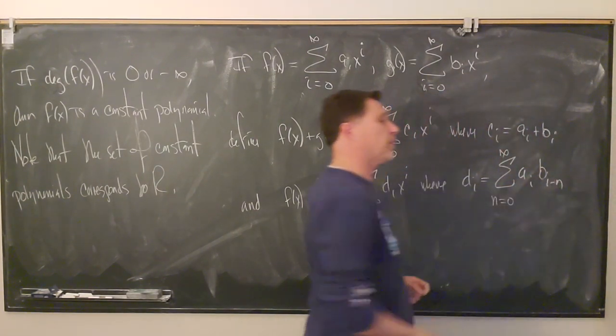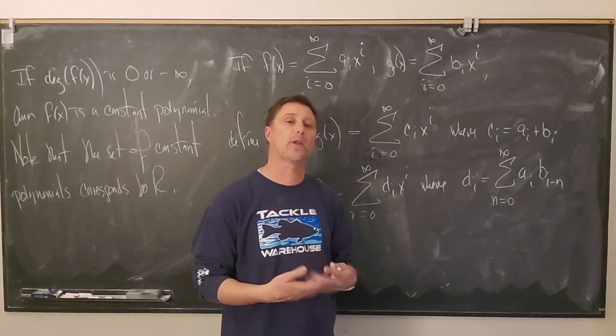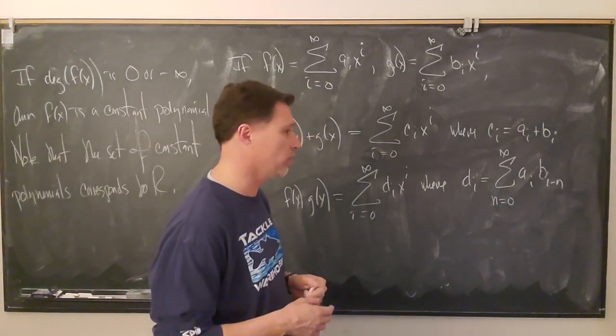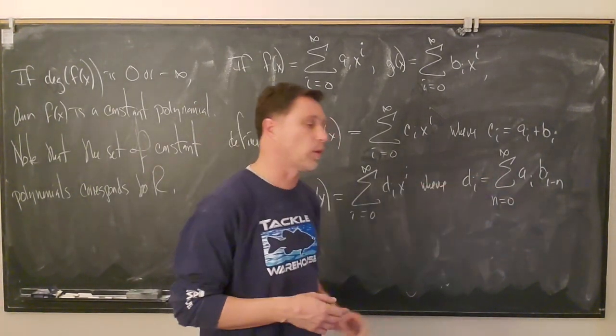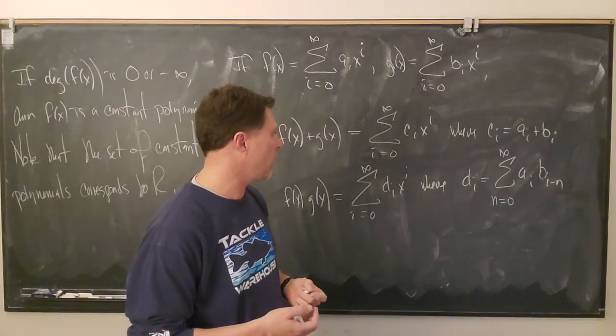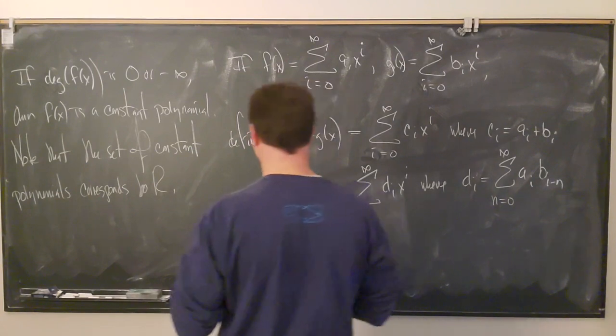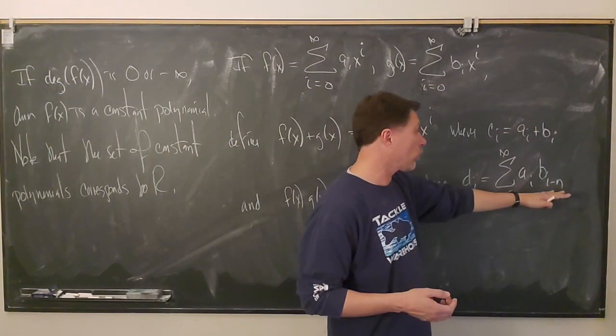Now, this might look a little bit complicated. This is exactly what you do when you do a generalization of FOIL. When you multiply polynomials, you know exactly what you're supposed to do, and this is just the actual formula for multiplying polynomials as you normally would. One thing to be aware of: we did not require R to be commutative, so the order matters right here.